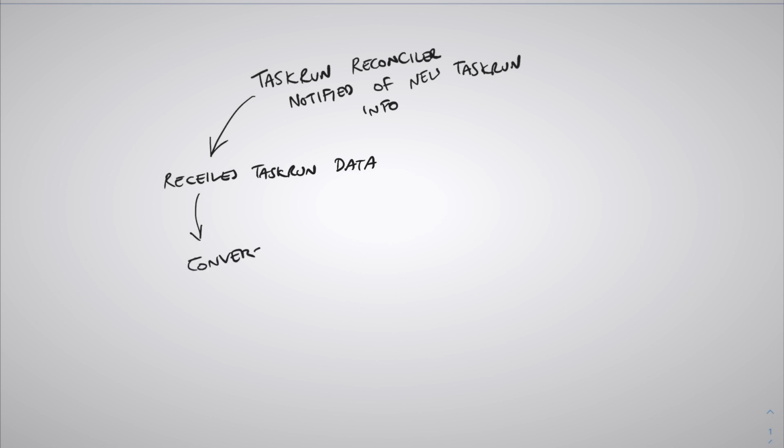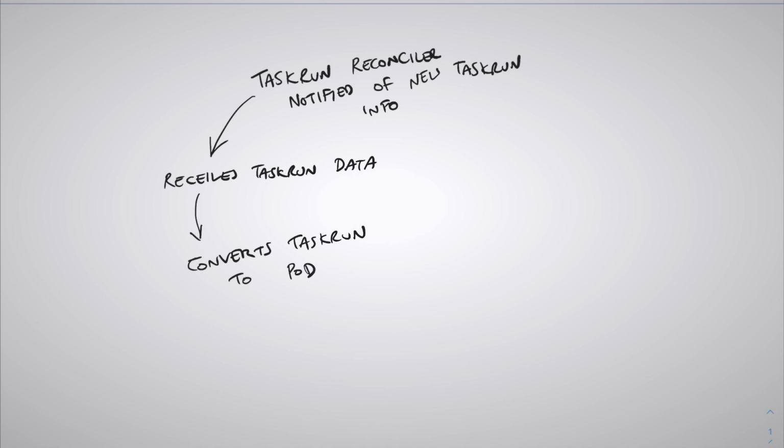Okay, so the first thing is the TaskRun Reconciler receives some kind of notification of a new task run. And the first thing it does is it receives that task run data and it looks up the task associated with that task run. The next thing it does is it converts that task and task run into a pod.